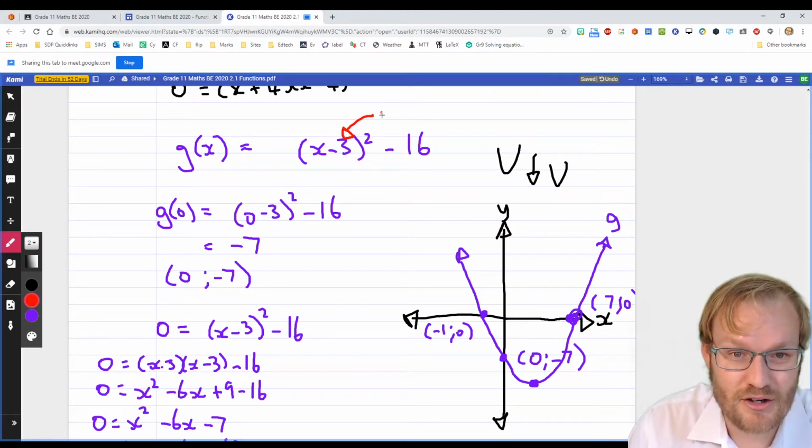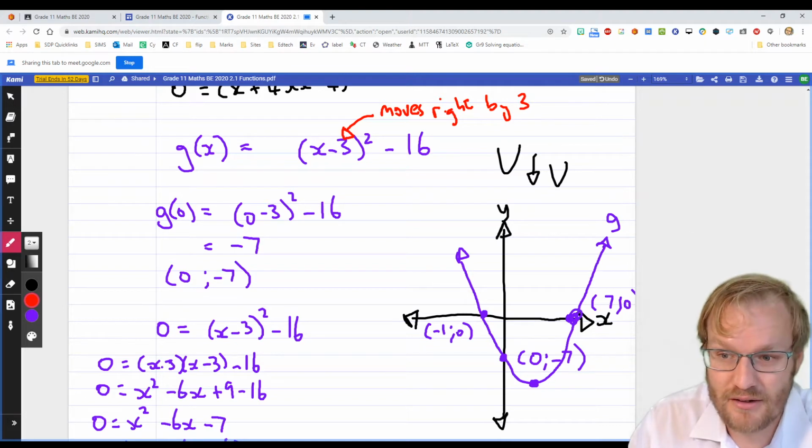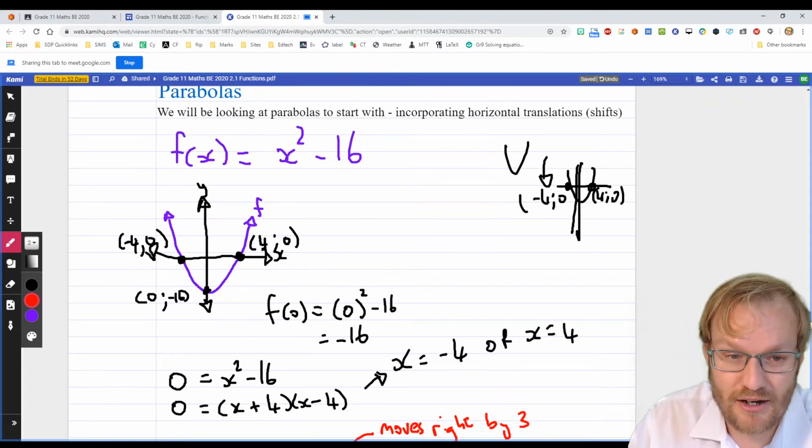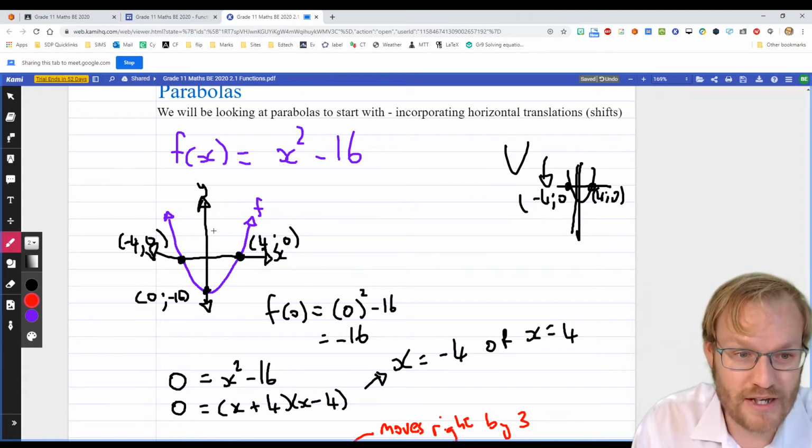So our graph moves right by 3. In other words, if we had our original function, x squared minus 16, and we took that graph and we just moved that graph right by 3. So we just moved it and did this.